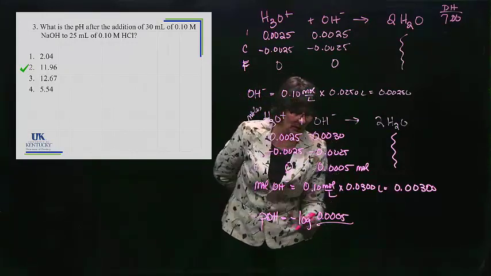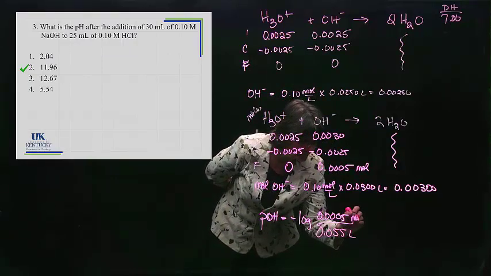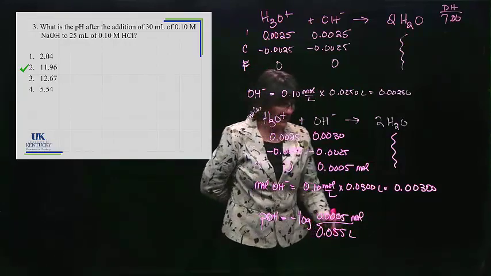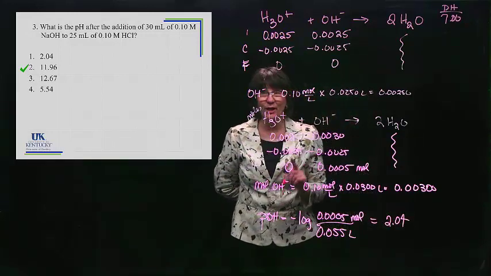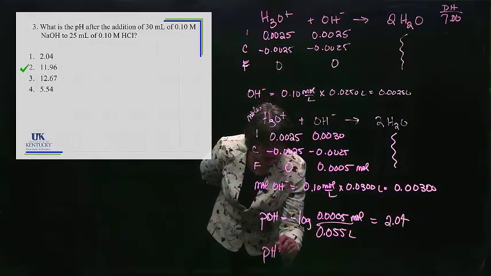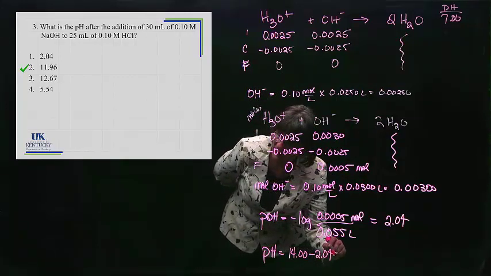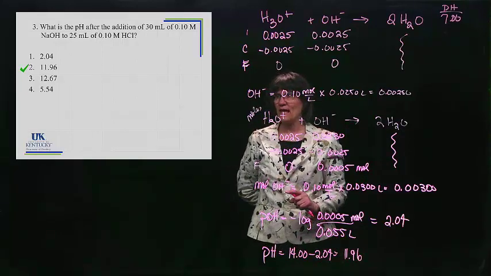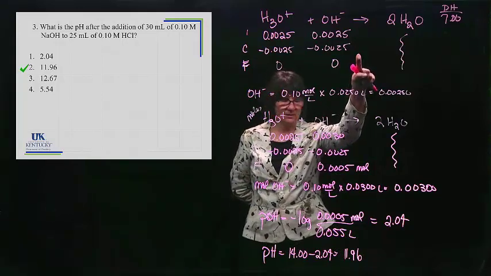That's 55 milliliters, or 0.055 liters. And let's see if I had the right numbers over there. Yes, I did. This is going to give me a pOH of 2.04. Well, that's a pOH. So if you picked 2.04, you weren't realizing it was a pOH. pH is going to be 14 minus that number, and that's where we finally get the 11.96.